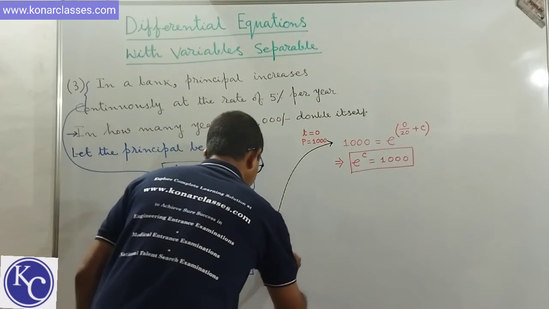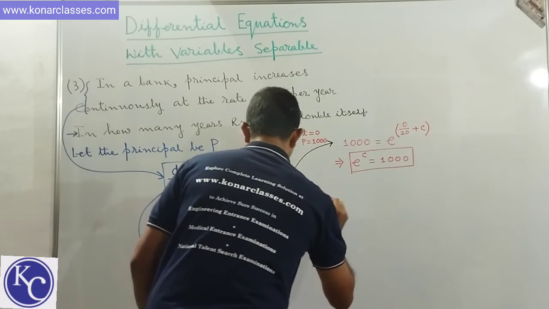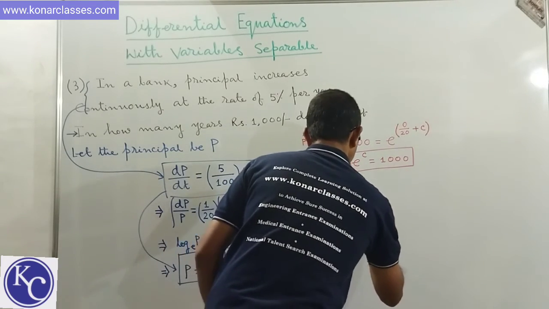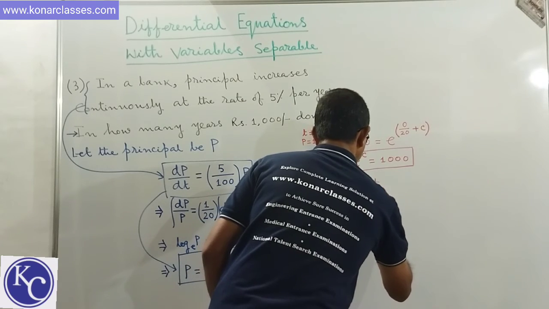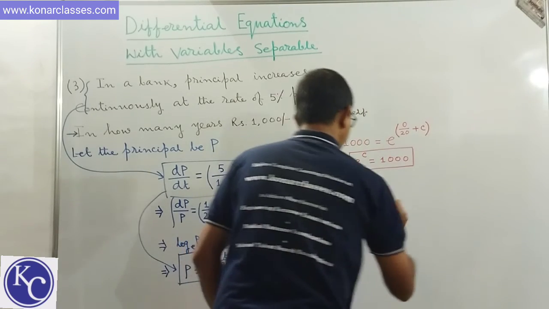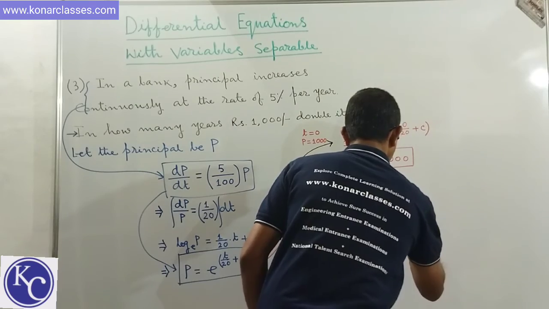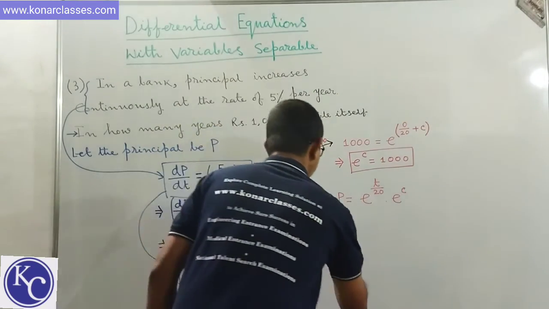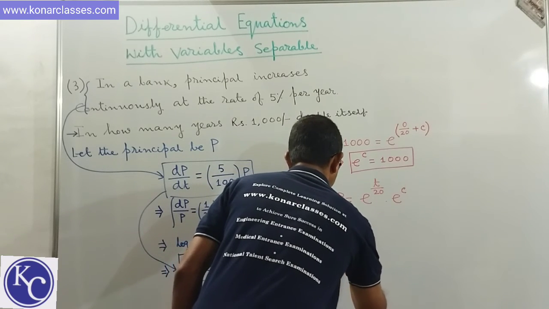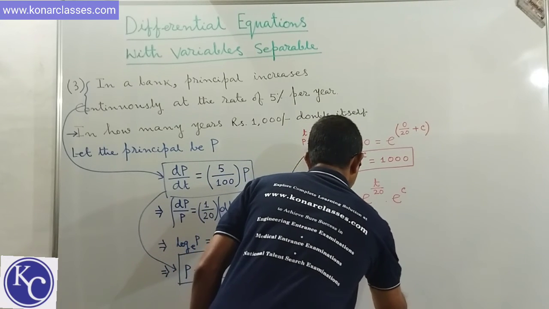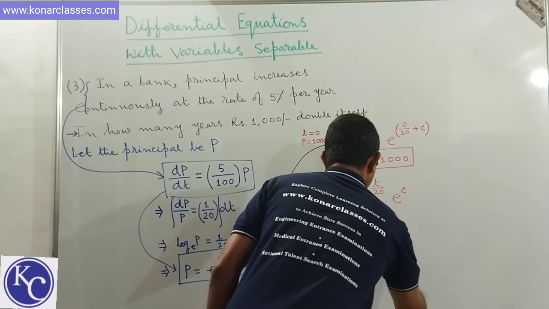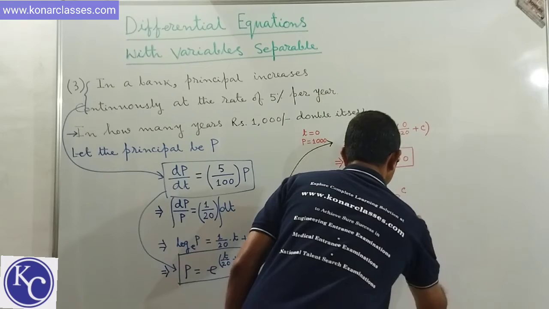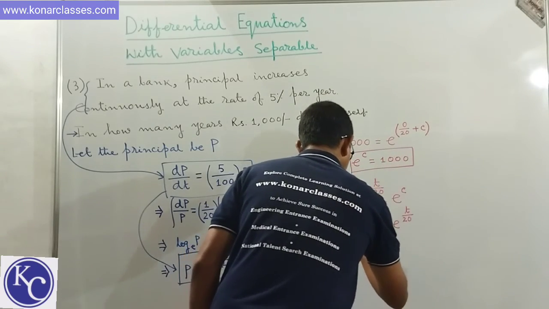So P is equal to e to the power t by 20 into e to the power C. Now e to the power C is 1000, so P is equal to 1000 into e to the power t by 20. So this is a particular solution.